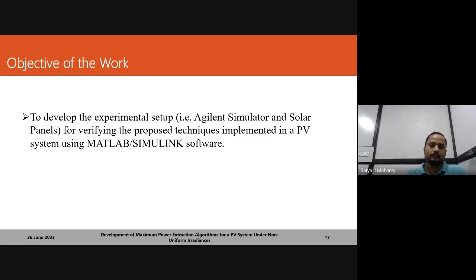But if you use the Agilent simulator, it does not require insolation to work. It can work in any weather conditions, and it has the potential to generate insolation levels of its own.